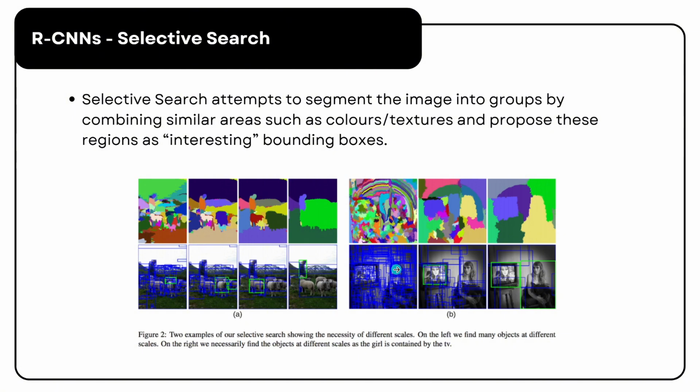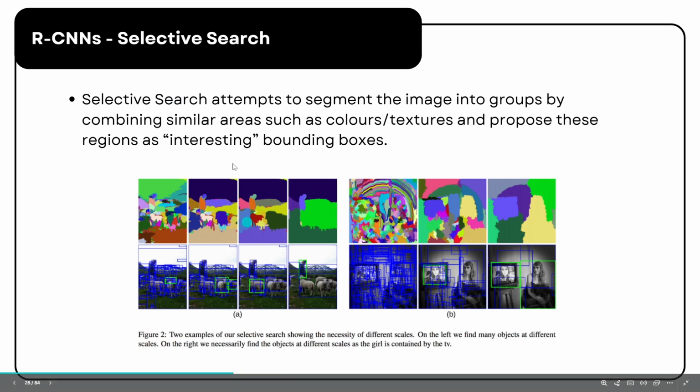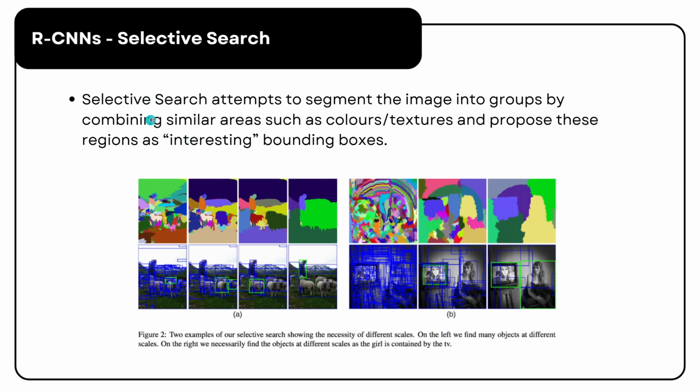to reduce redundant boxes. So selective search was a clever way to drastically reduce the number of regions that the CNN had to process down to 2,000 per image, which was a huge improvement over the sliding windows.